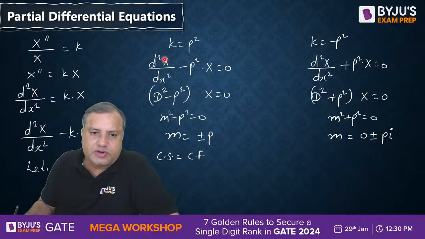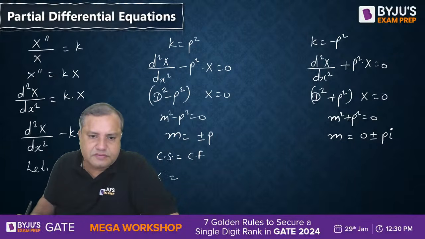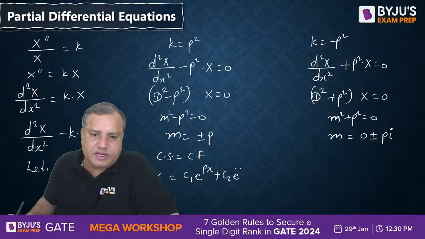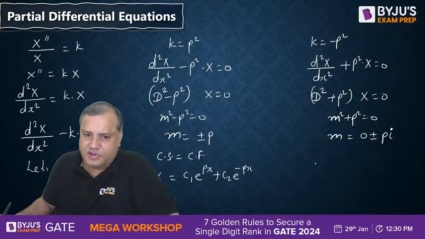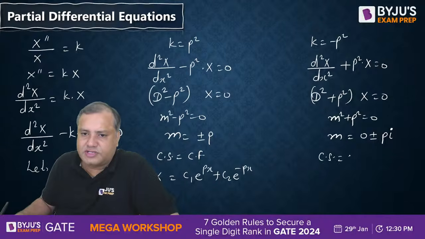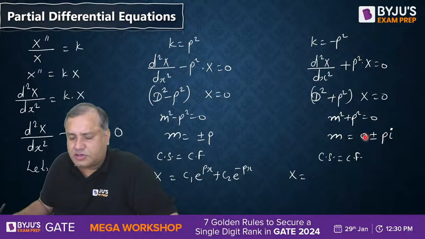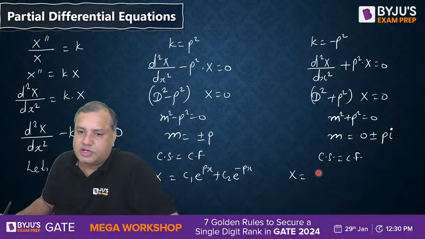Complete solution is denoted by the dependent variable. Here the dependent variable is x. C1 e raised to px and C2 e raised to minus px. This is one way. Another way, complete solution is equal to only CF, capital X equal to, this is imaginary roots. So alpha is 0, beta is p.